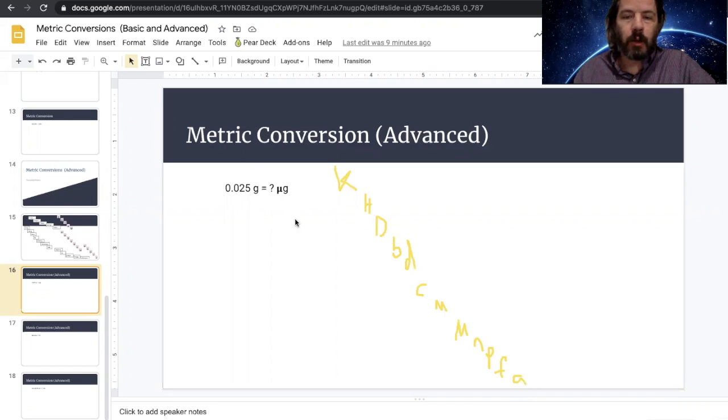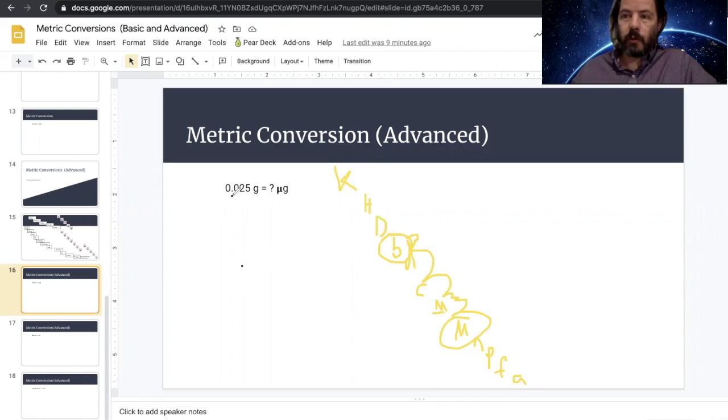So I'm going from grams, my base unit, to micro. That's 1, 2, 3, and then 3 more, 4, 5, 6. So when we go from milli to the next one, it's 3 steps. So 1, 2, 3, 4, 5, 6 to micro. So I'm going to move my decimal 6 places.